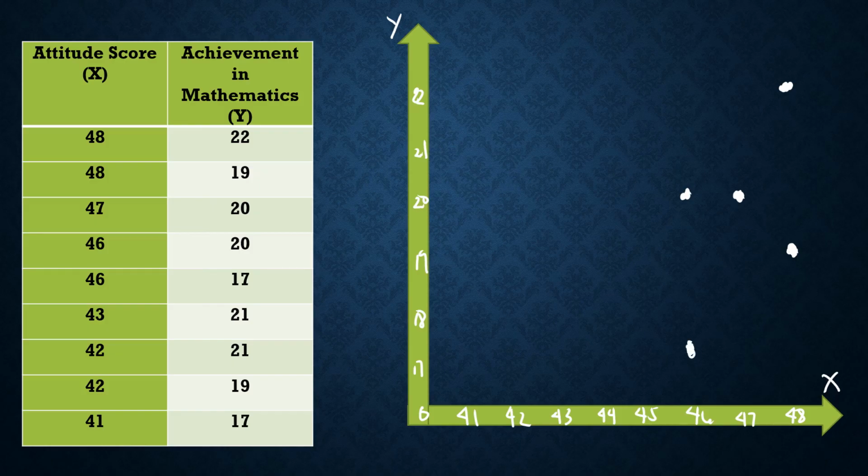Next is 43, 21. Next is 42, 21. We're not done with 42, 21. Then next is 42, 19. And the last one is 41, 17.